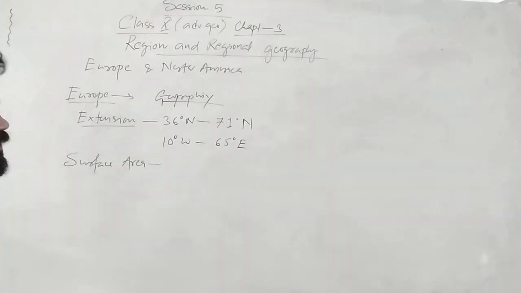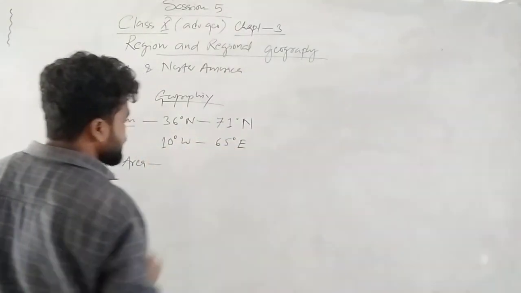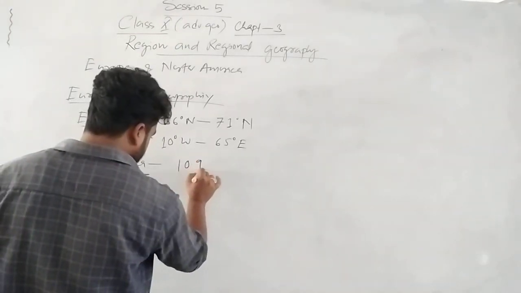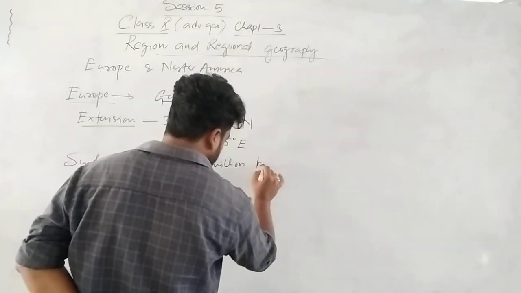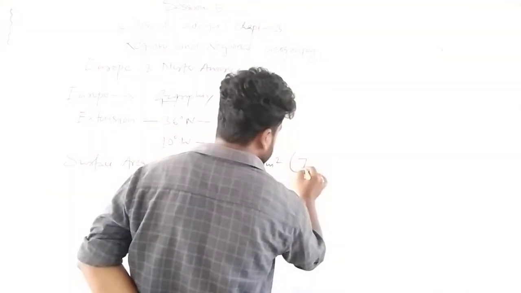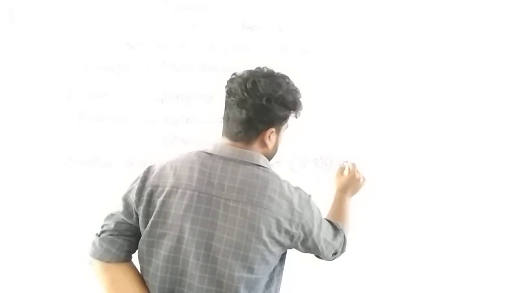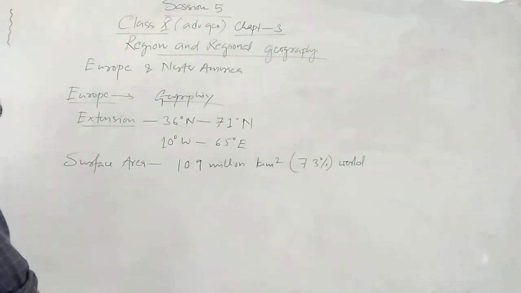Point wise, first extension: 36 to 71 degree north, 10 degree west to 65 degree east. Then the surface area. Surface area is 10.9 million kilometer square, and that is 7.3% of the world.